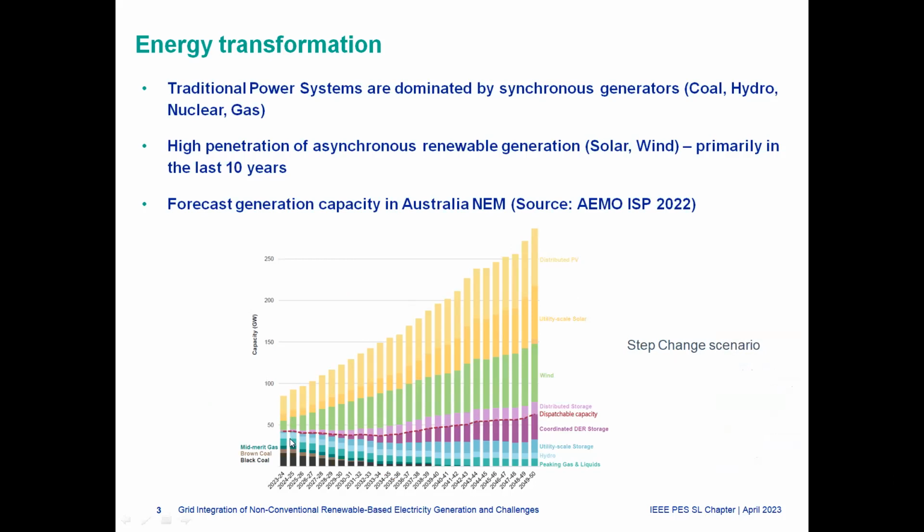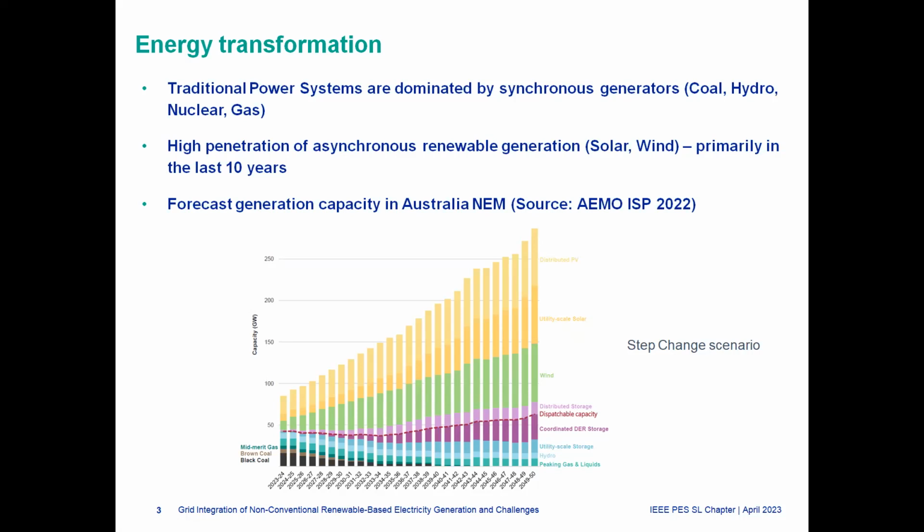So you can see if you start from 2023, 24, there is a significant reduction of synchronous machines, but uptake of asynchronous generation. So what are the issues? Because if the solar farms, wind farms are similar to synchronous generators, we will not have any issue. They will be just replacing the source of energy.